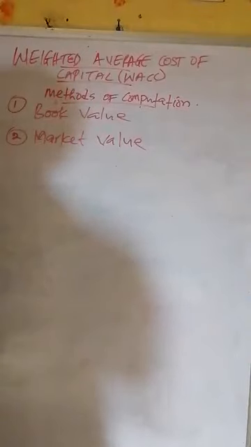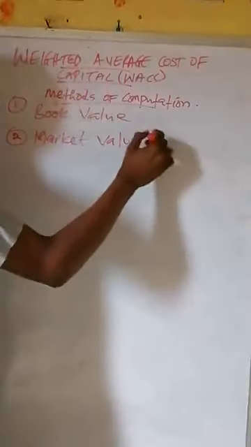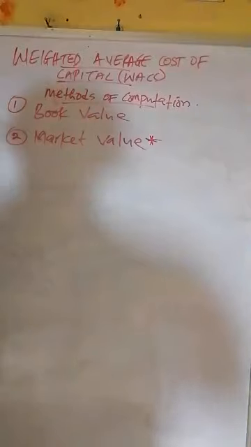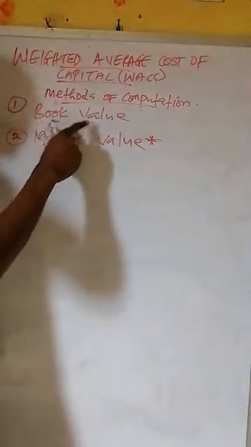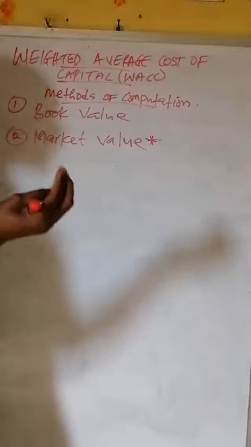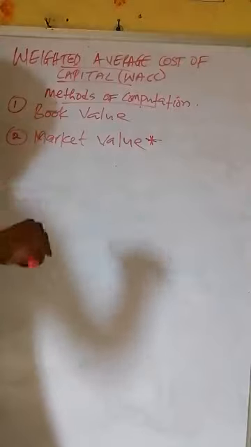Basically, these are the two ways in which you compute WACC. But market value has great advantage over book value. Unless you are specifically told to use book value to compute your weighted average cost of capital, you have to use market value, because market value shows the true, current position of the company.